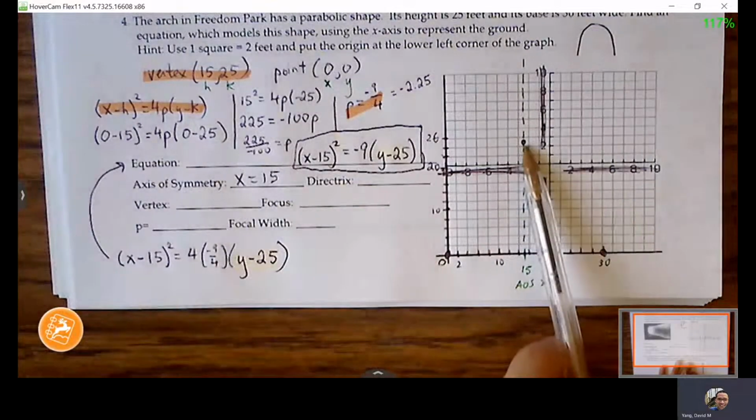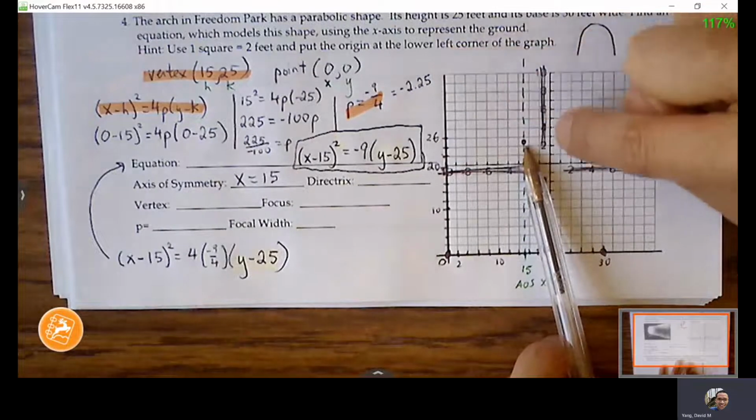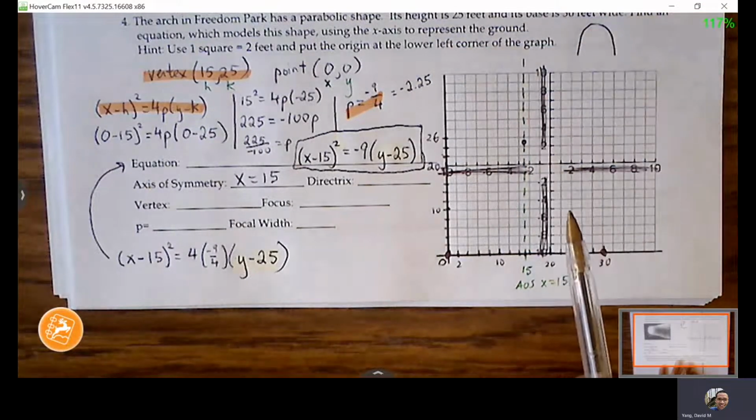Okay, so I know I'm at 25, so I'm going to add 2.25 to get to my focus, sorry, my directrix.